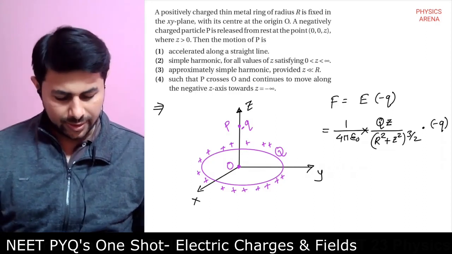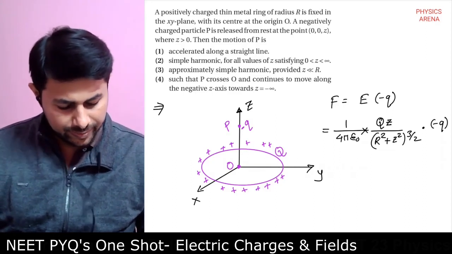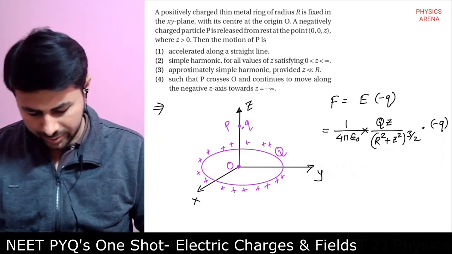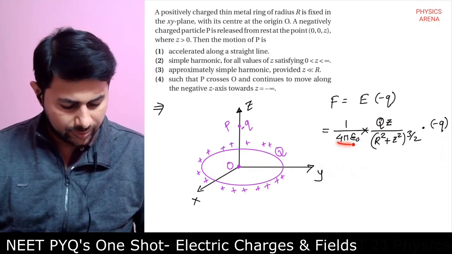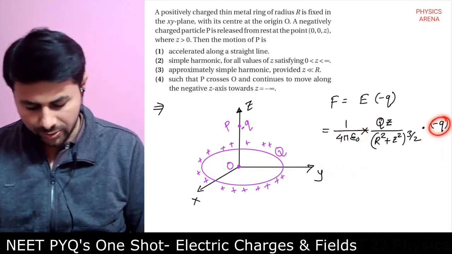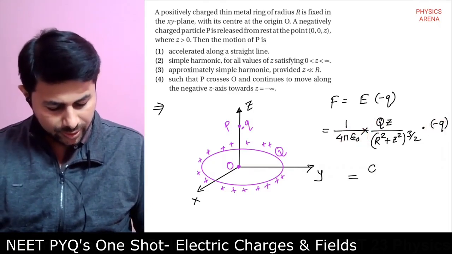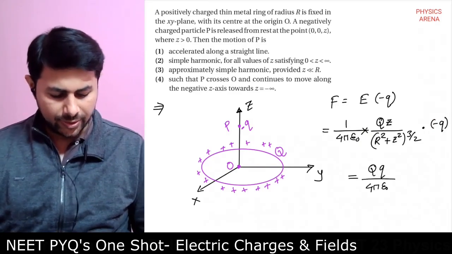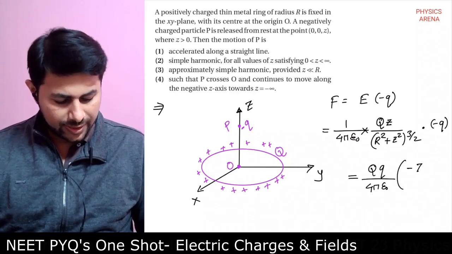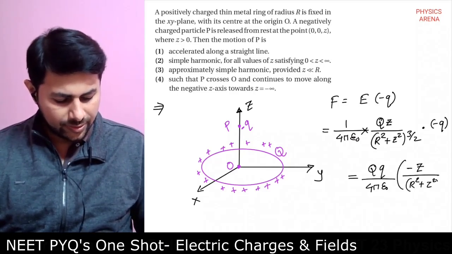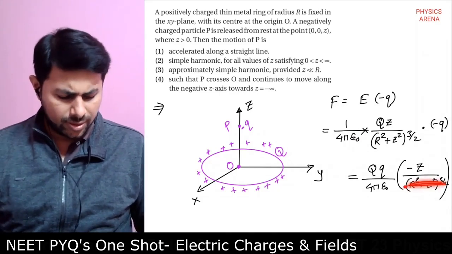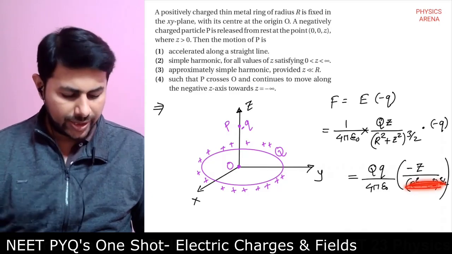So how can I say that? Here you can take everything else common. Q is a constant, 4 pi epsilon naught is a constant, small q is a constant, so you can take out Qq divided by 4 pi epsilon naught. So the force is directed along minus z, divided by (r squared plus z squared) raised to 3 by 2. That is the denominator, but forget about the denominator for a minute.